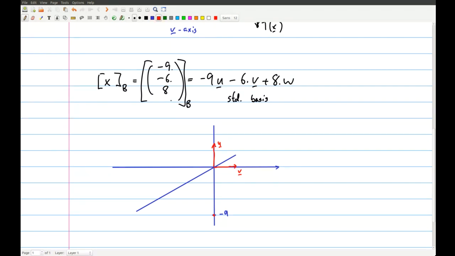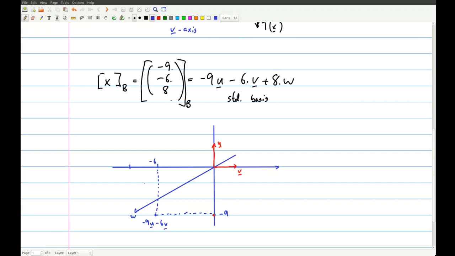I want -6 of those, so I'm going to go get -6 of them over here. Maybe over here to make it a bit more in proportion. -6. So I'm kind of here. This is -9u -6v, and then +8w.